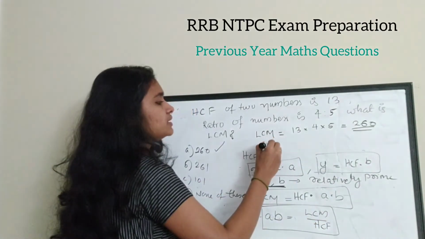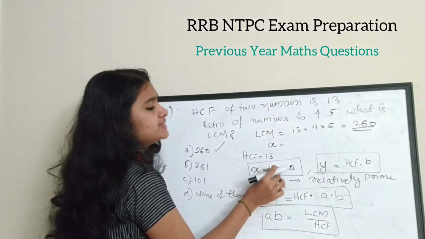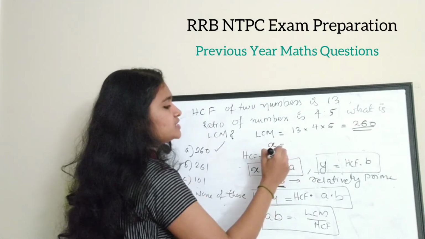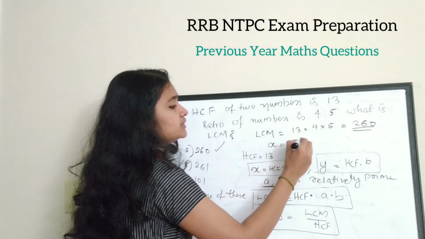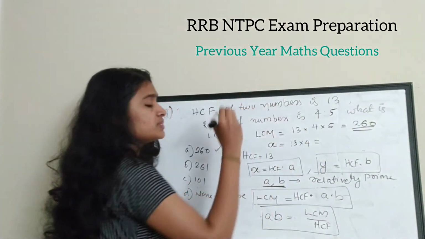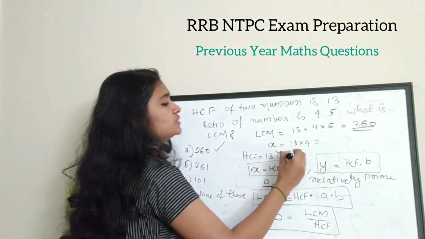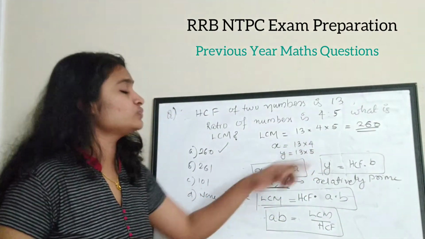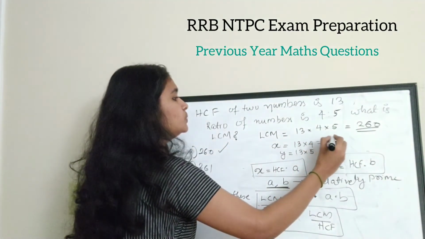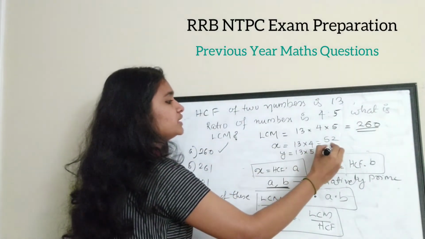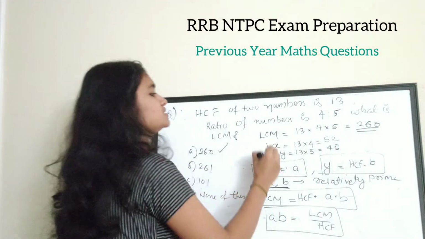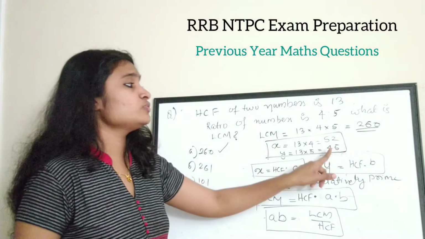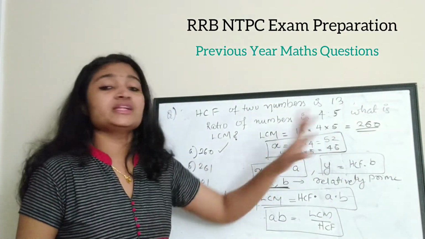So your first number x will be equal to HCF into A. So your x value equal to, here HCF is 13, 13 into 4 is your first number and y equal to 13 into 5. 13 into 4 is equal to 52, and your second number is 65. Okay, so these are your two numbers and this is the LCM of the two numbers. And if you take the LCM of 52 and 65 also, you will get 260.